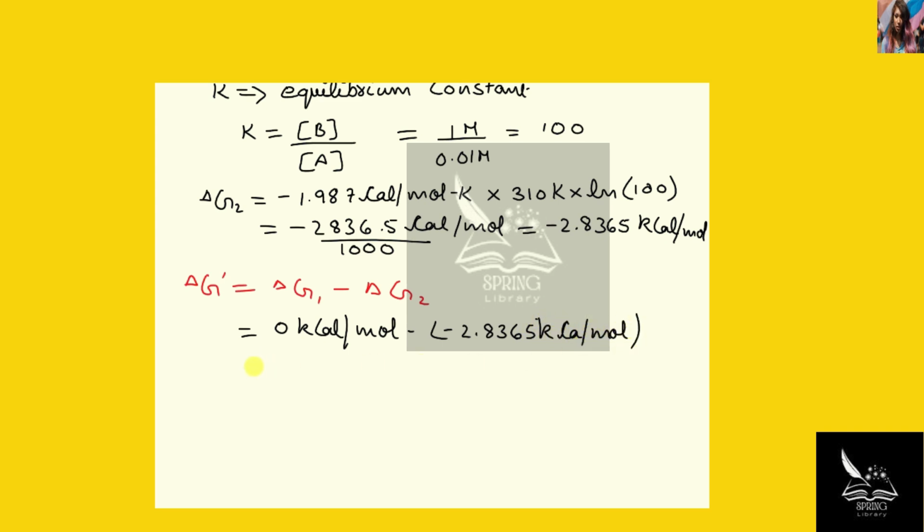By calculating, we get delta G dash, the change in free energy, which is equal to plus 2.8365 kcal per mole. So this is the answer.